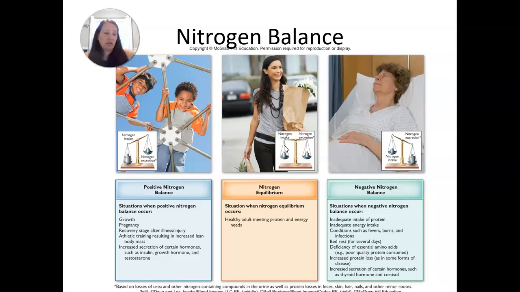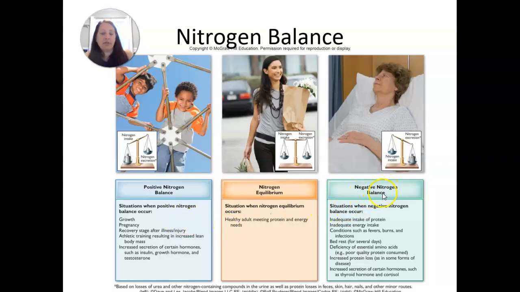Again, why nitrogen? Because protein is nitrogen rich. So if we're taking in the same amount of protein or nitrogen as we are excreting, we are in balance. We are in nitrogen equilibrium. Okay, so again, who falls into this category? Healthy adults meeting protein and energy needs. Let's go over here to negative balance first.